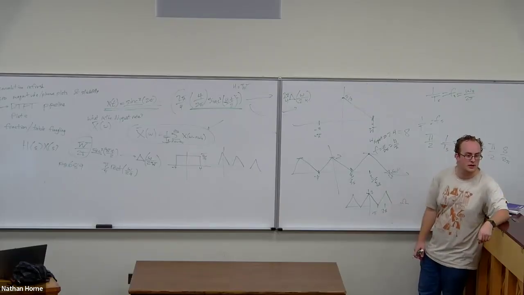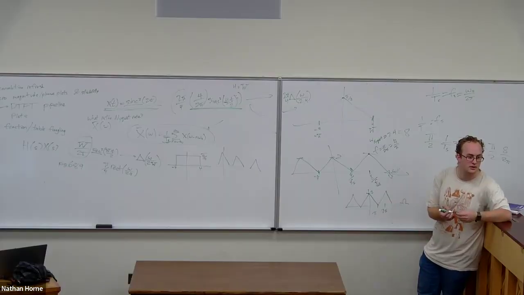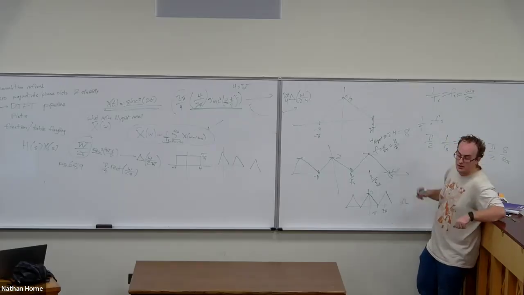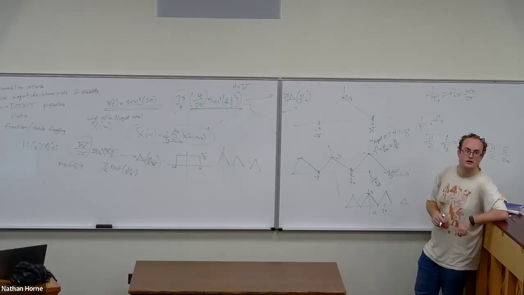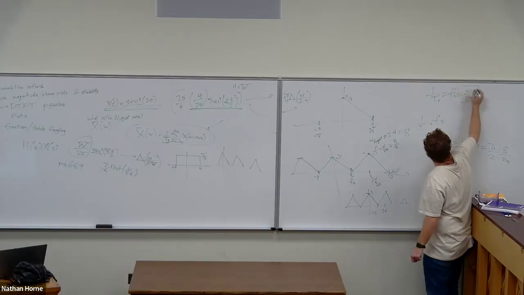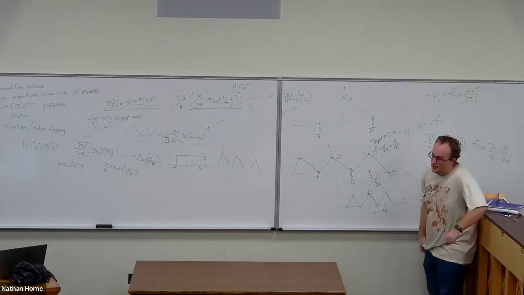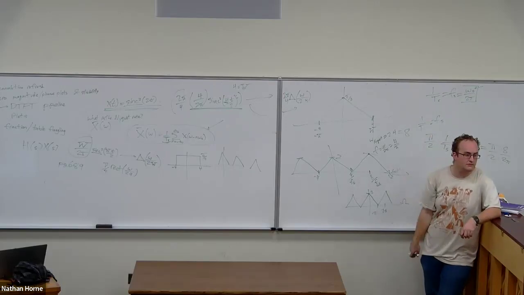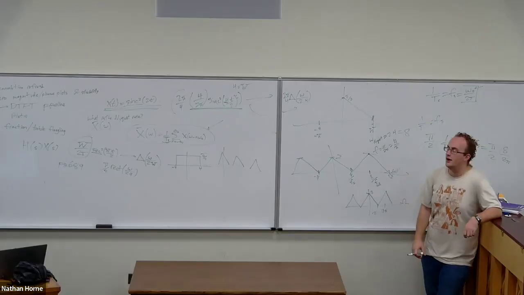Just kind of the same question, like, what's the difference between Fs and F? 1 over the time period is equal to F, which is equal to omega. Yes, so you can think of this omega s as the radial frequency per second.